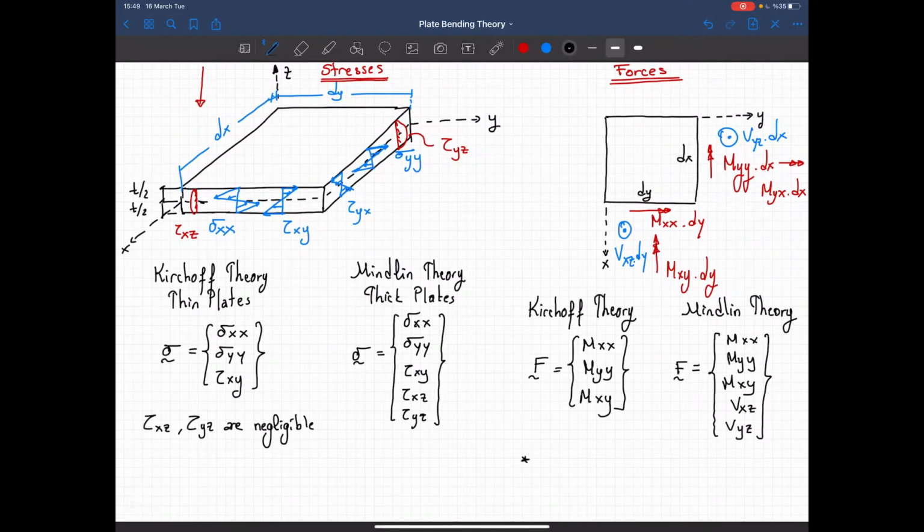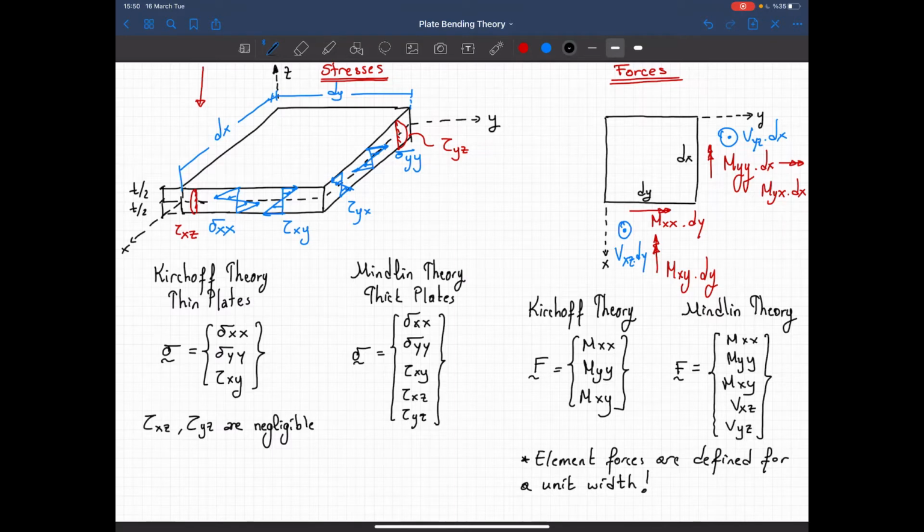So let's put it as a note: element forces are defined for a unit width. So these are the definitions.